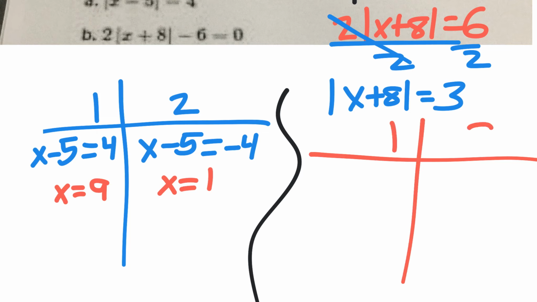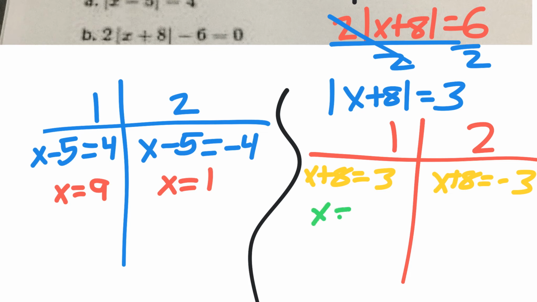Case 1 and case 2. What is inside the absolute value bars is equal to positive the outside, and what's inside is equal to negative the outside, which is 3. I'm going to subtract 8 from both of these, so x equals negative 5 and x equals negative 11.